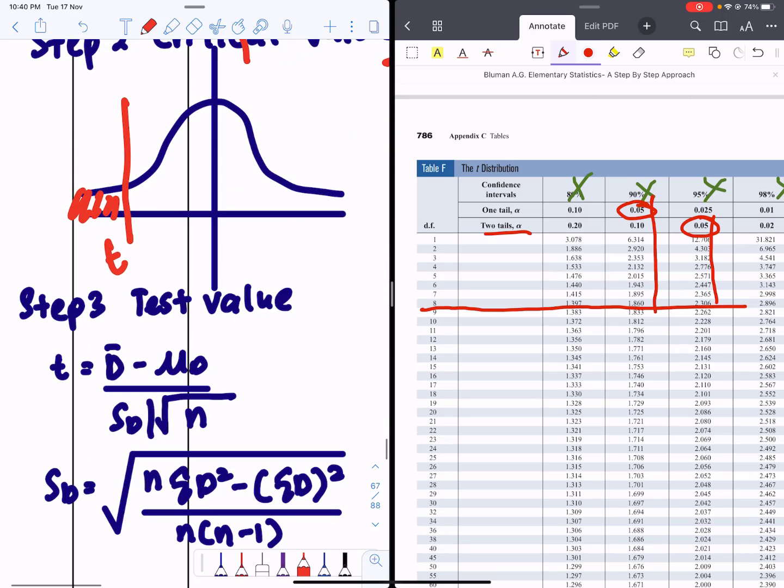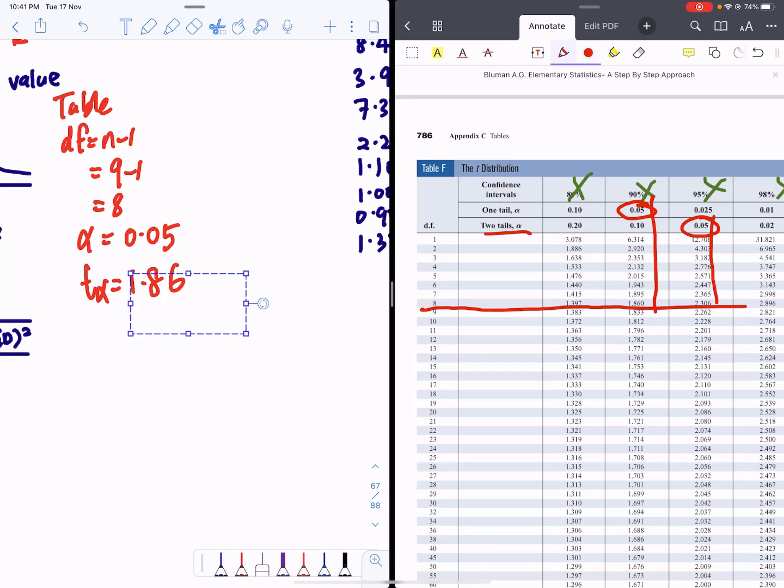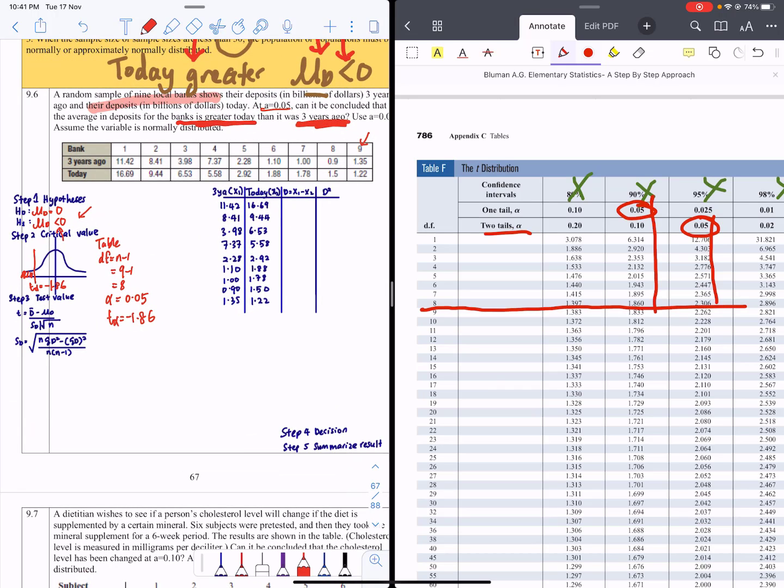But this one is on the negative side. That's why the alpha is negative 1.86. Please make sure you write it correctly, so that the examiner will not be confused whether it's positive or negative. Sometimes you know how to do it, but when you write it wrongly, the examiner cannot give you marks. Then it will be a waste lah. Supposedly you get marks for that, then it is a loss for you.